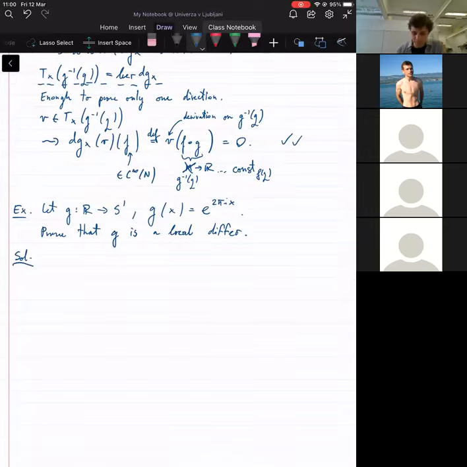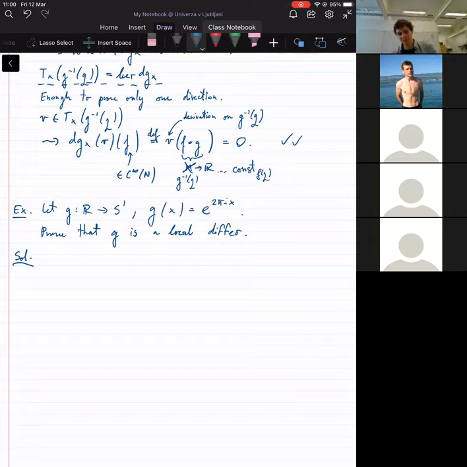How do we do this? We take a neighborhood of any x in the real numbers and prove that the function on that neighborhood is a diffeomorphism. Yeah, okay, that's a straightforward way of showing it.